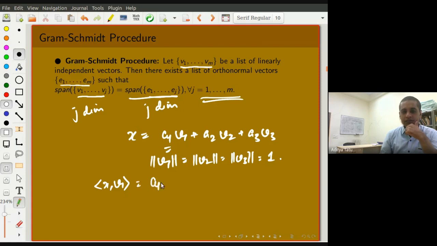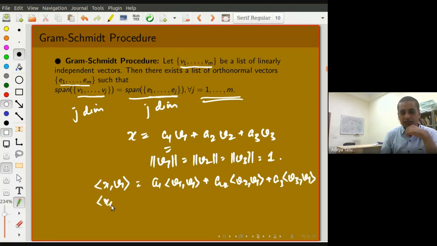That is going to give me A1 times V1 inner product V1 plus A2 times V2 inner product V1 plus A3 times V3 inner product V1. Similarly, I'm going to get a system of linear equations.